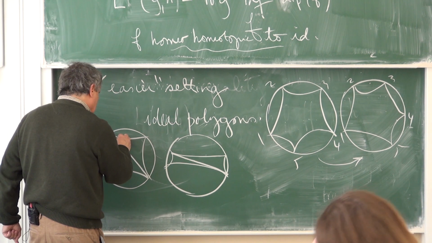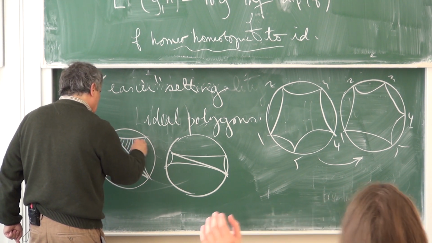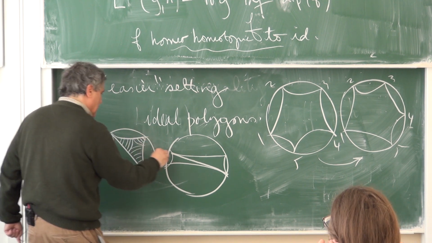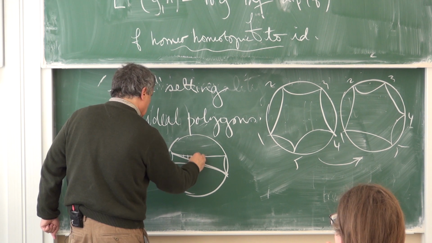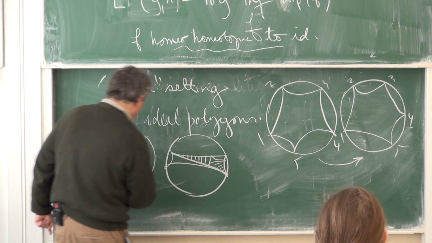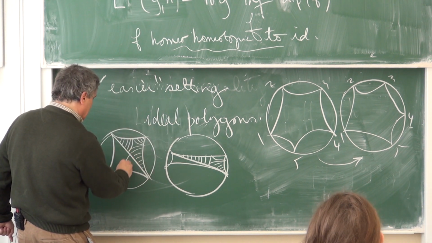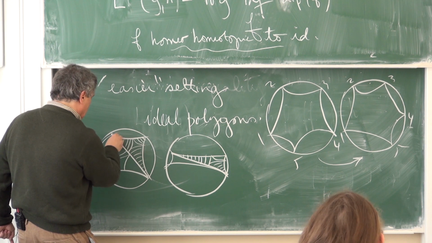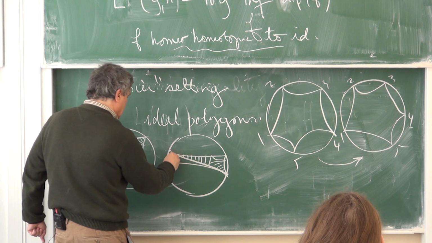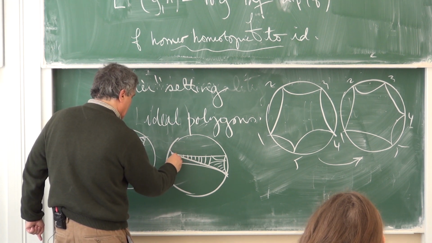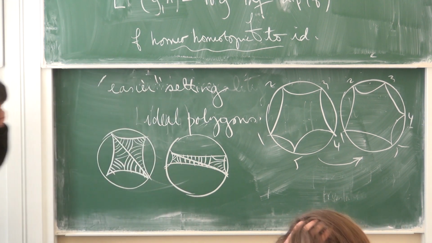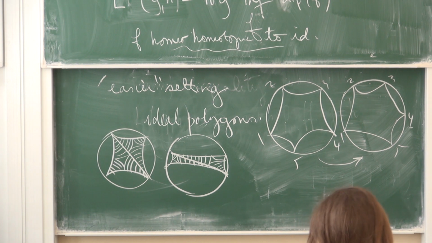Each ideal triangle is equipped with its foliation by horocycles. Let's say this is here and this is here, this is here and this is here. Canonical foliation by horocycles. Okay.